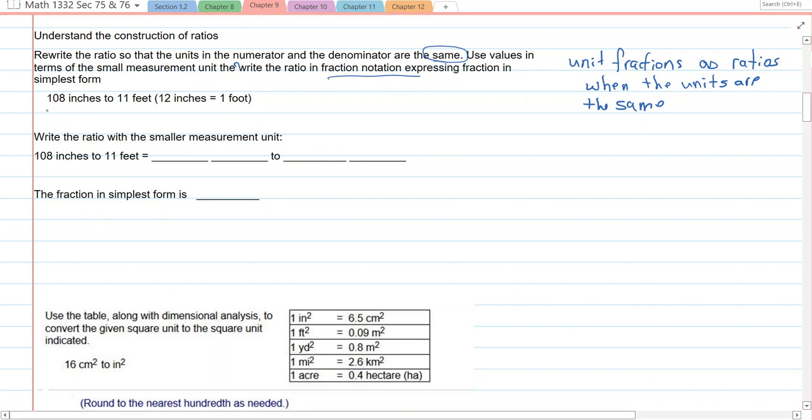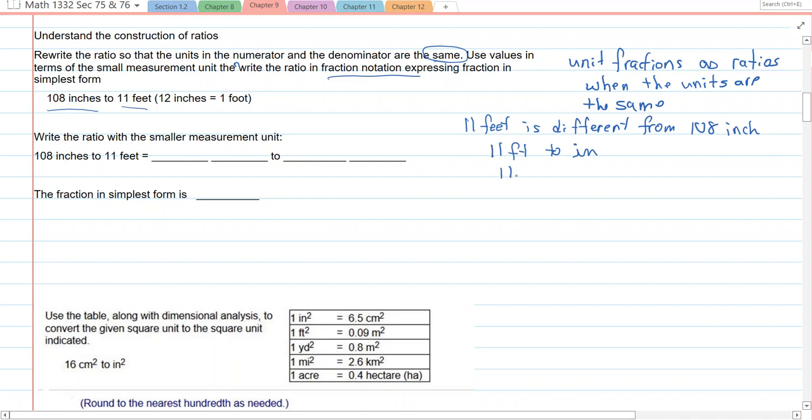So here we have 108 inches to 11 feet. So 11 feet is a different measurement. So we're going to convert to inches.